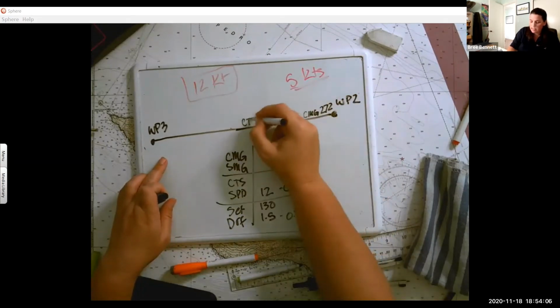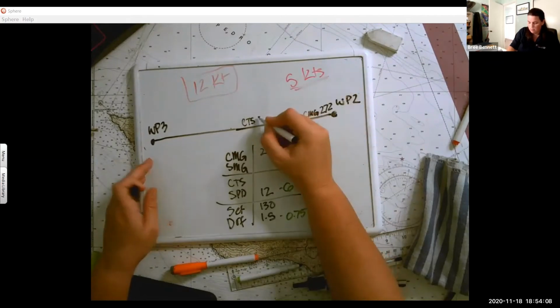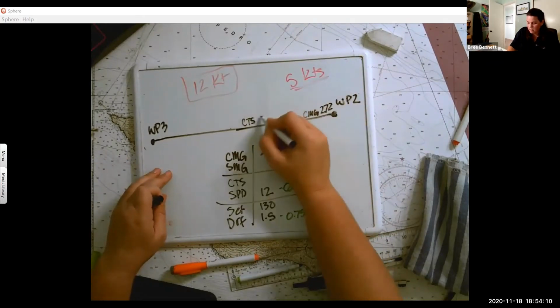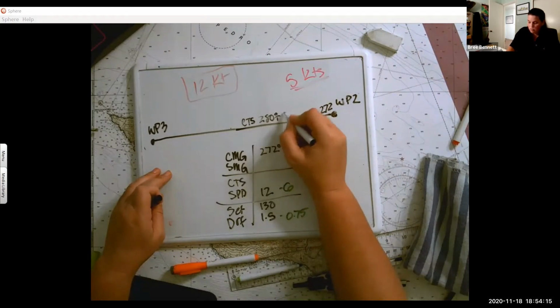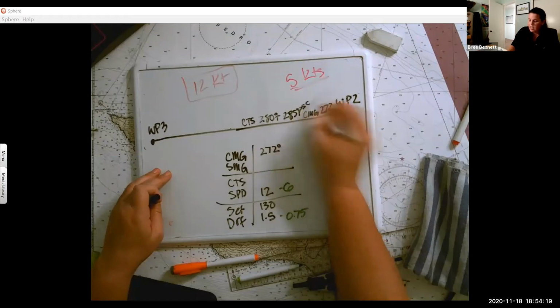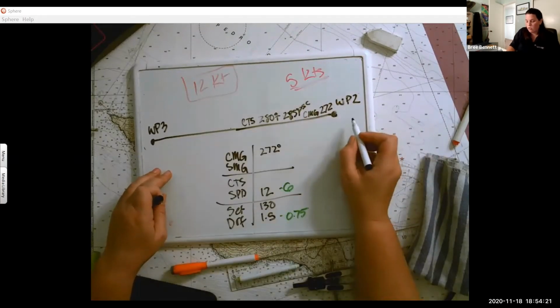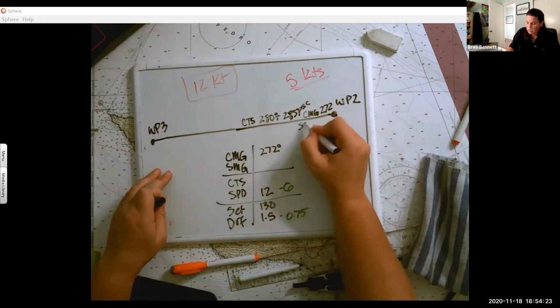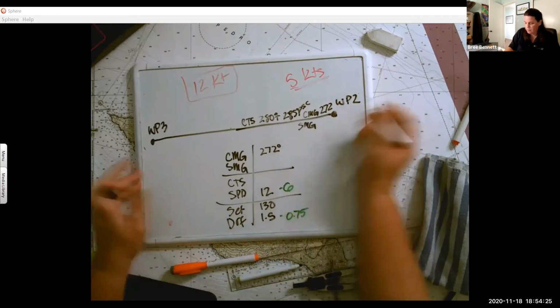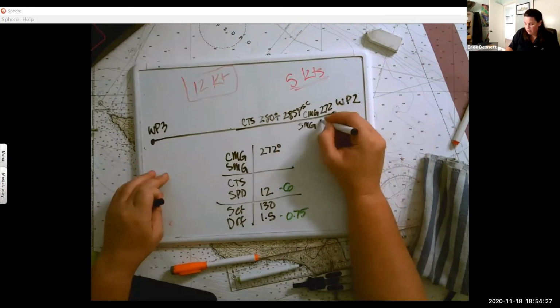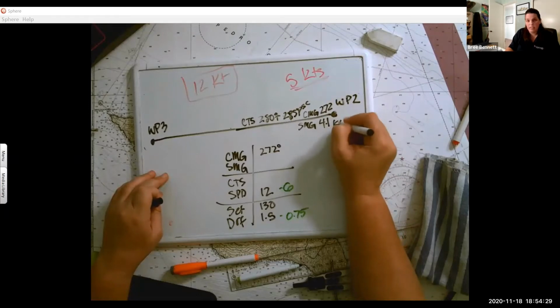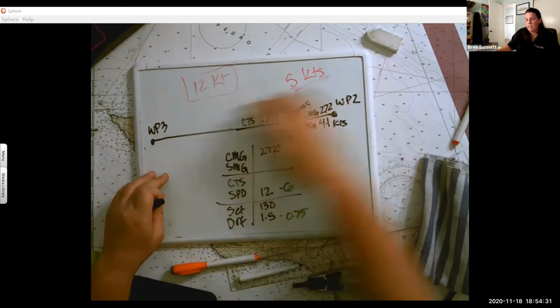Your course to steer is whatever your course to steer is, 280 true, 285, I'm making this up, PSC, and just have it there so you know. And then you could also put your speed made good will be whatever, 4.1 knots. So you're just kind of putting the information there.